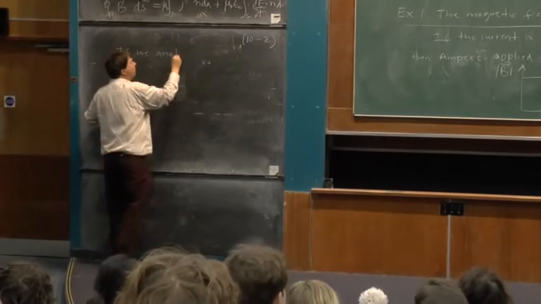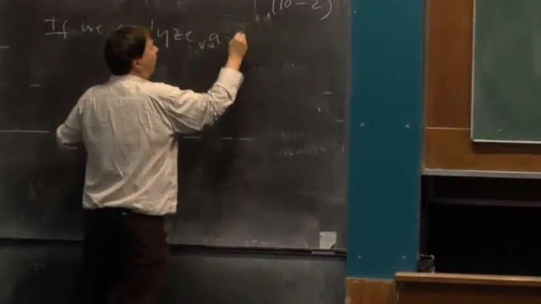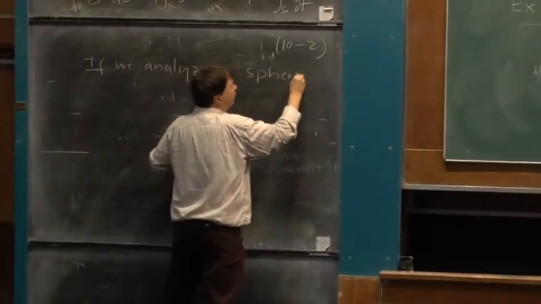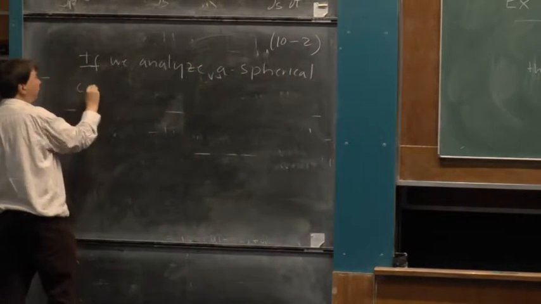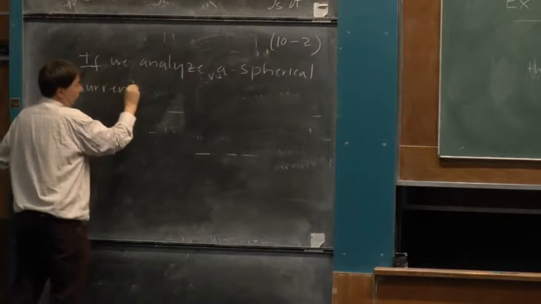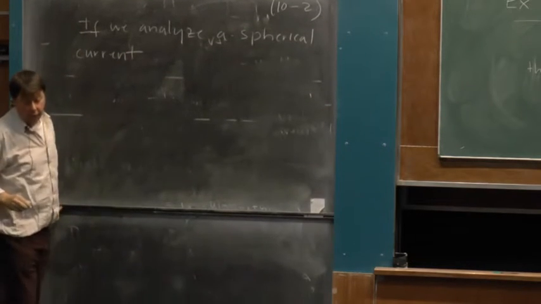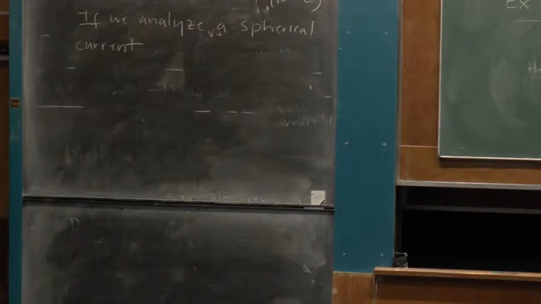If we analyse a spherical current, we don't usually think of currents spreading out in a sphere, but we certainly can easily set it up. A spherical ball of radioactive material would do the job for us.